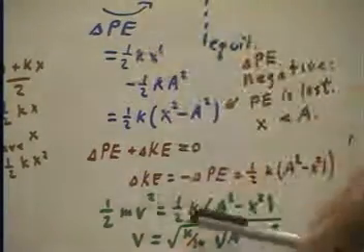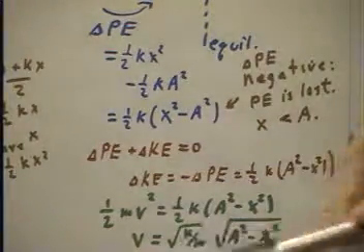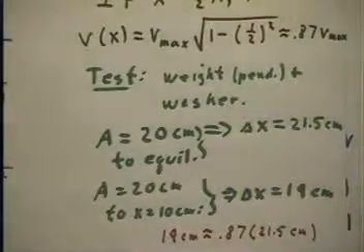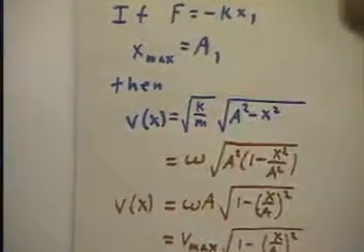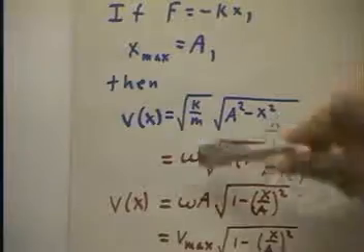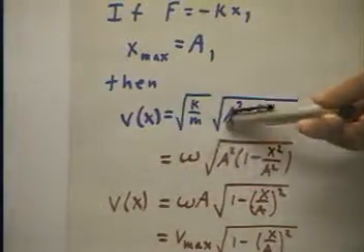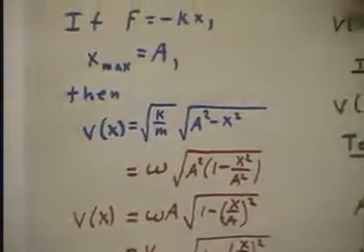Now we notice that this square root of k over m is just our omega, our angular frequency. So we can do a little bit of rearranging and simplifying. We restate the conditions. If F equals negative kx and the maximum x is A, then the velocity at x is square root of k over m times A squared minus x squared. We just obtained this expression.